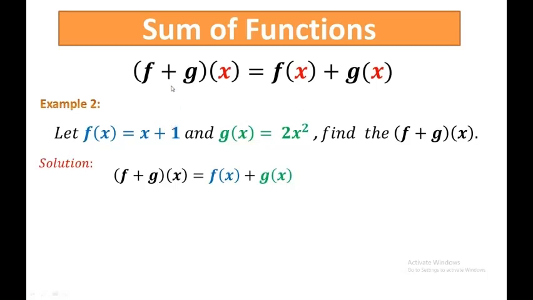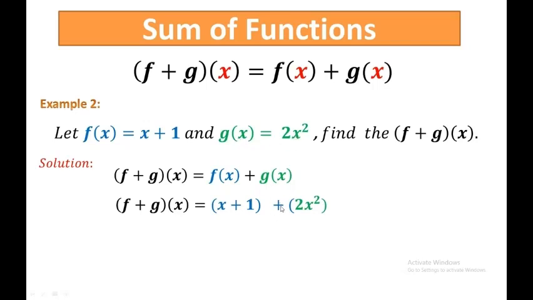Okay, so let's have here the f plus g of x is equal to, of course, f of x plus g of x. So we will just add the two functions. What is the value of f of x? Our f of x is equivalent to x plus 1. So instead of writing f of x, we will write x plus 1. So right here, x plus 1 plus the value of our g of x, which is 2x squared.